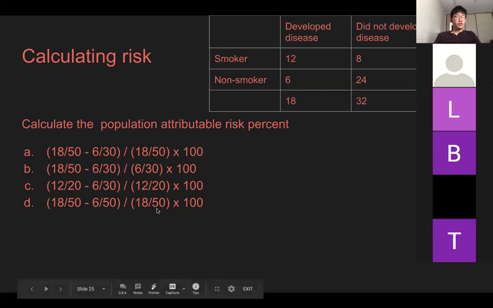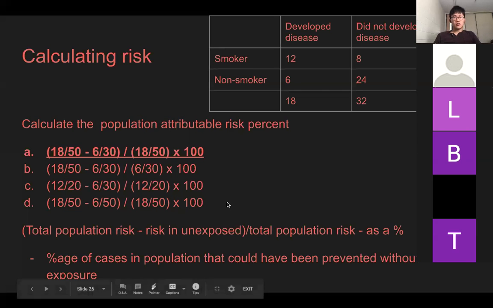So yep, answer is A, as I explained, and this gets you the percentage of cases in the population that could have been prevented without exposure. I think it's important that you know it as what the numbers are actually looking for rather than formulas. Just try and get that learned.